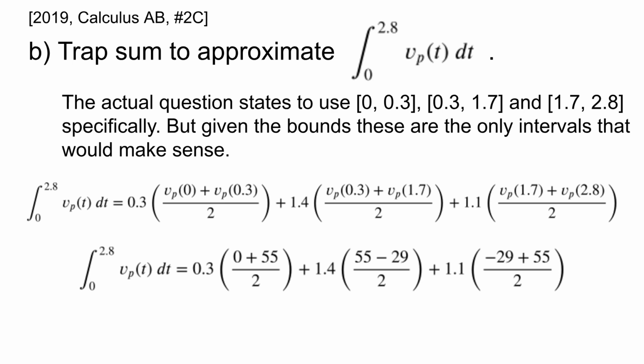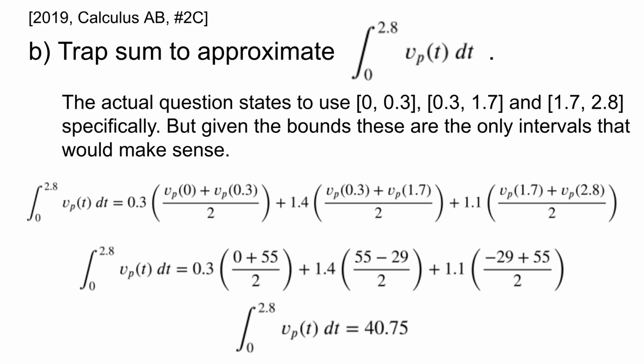And then inserting the values directly from the table, the integral from 0 to 2.8 of v sub p of t dt equals 0.3 times 0 plus 55 over 2, plus 1.4 times 55 minus 29 over 2, plus 1.1 times negative 29 plus 55 all over 2.